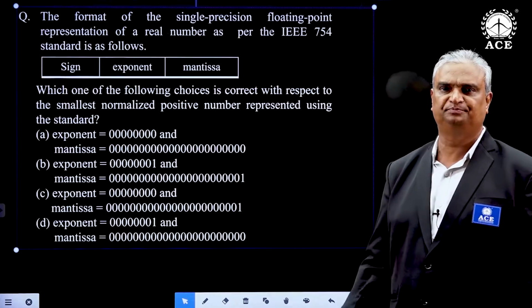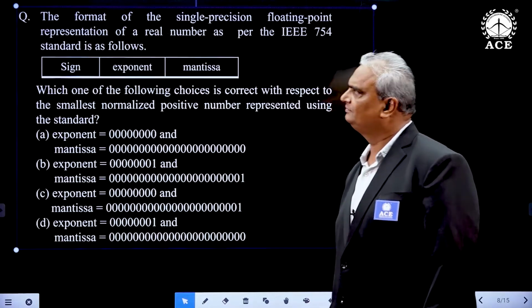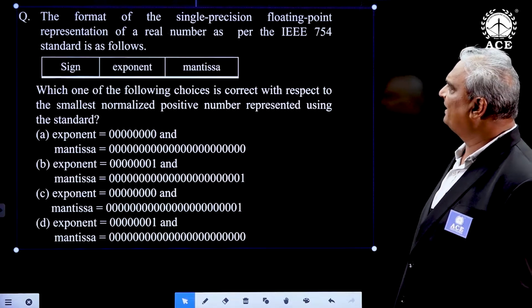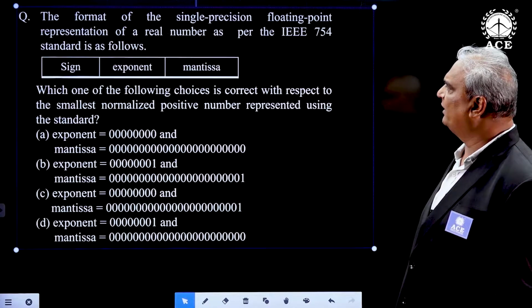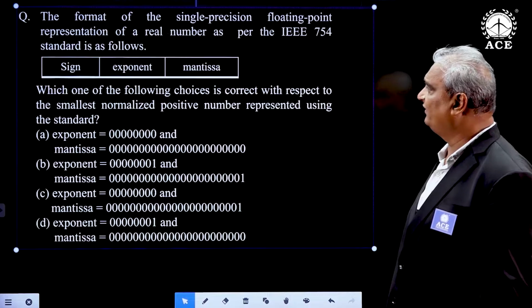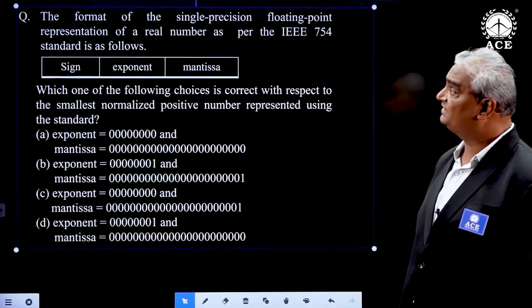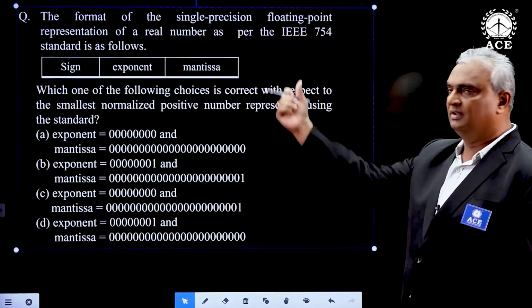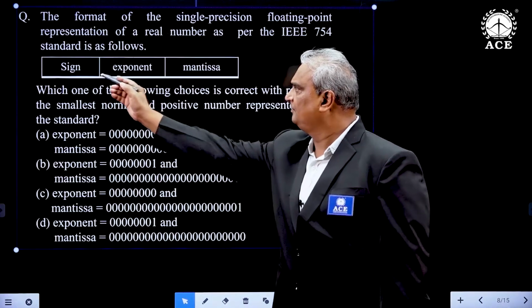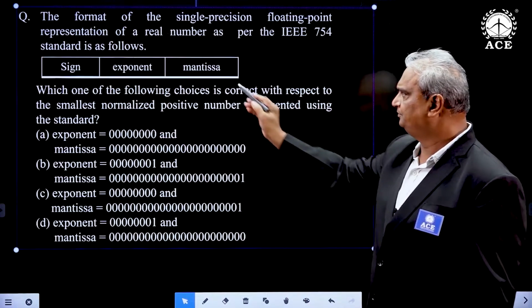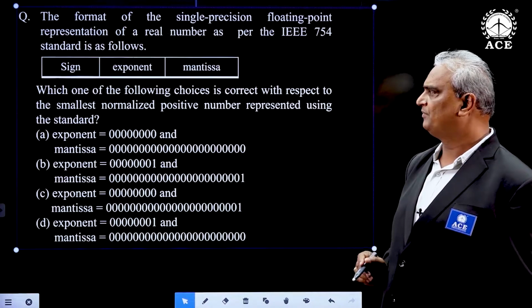Observe this question. The format of the single precision floating point representation of a real number as per the IEEE 754 standard is as follows. Sign bit, exponent field, mantissa field.